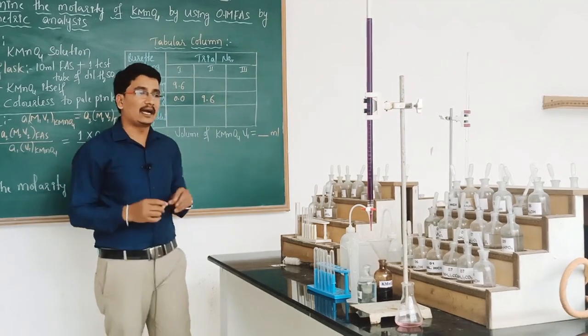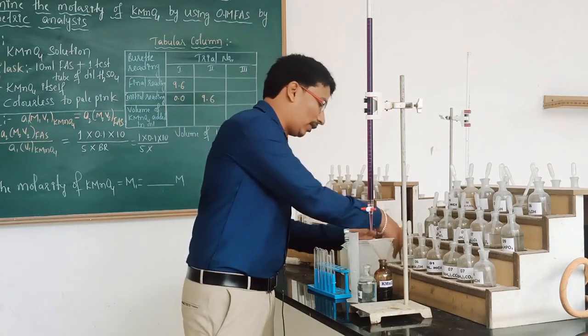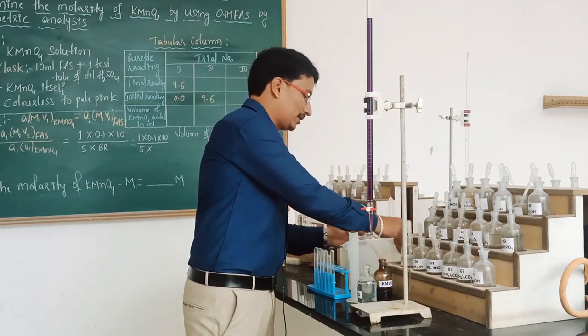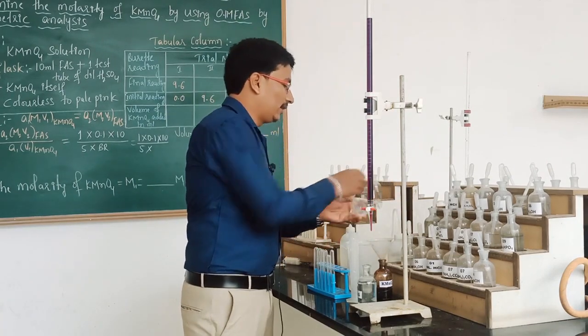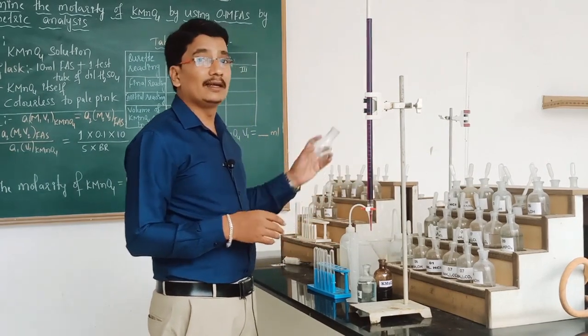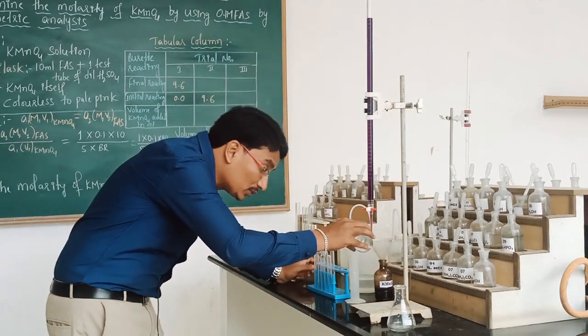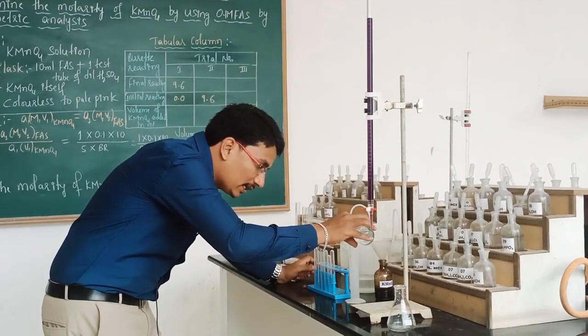Okay. I will start the second reading right now. Wash the conical flask with clean water. We have to wash the conical flask. Then again we have to repeat the same procedure what we have done for trial number 1. Same, we have to measure 10 ml FAS solution by using a measuring jar.